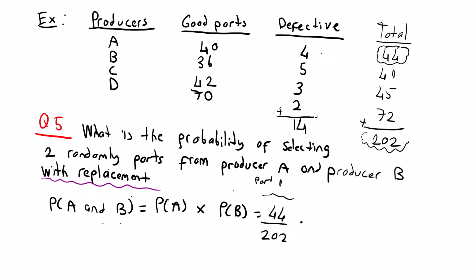For part number 2, we are looking for the probability of selecting a random part from producer B. That's 41 divided by 202. If you calculate these numbers, the total should be close to 4%.